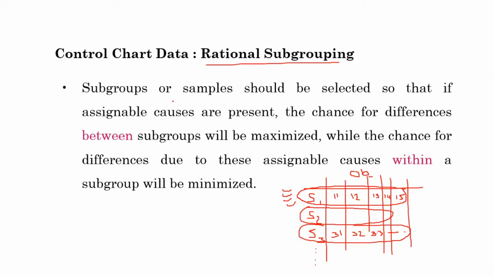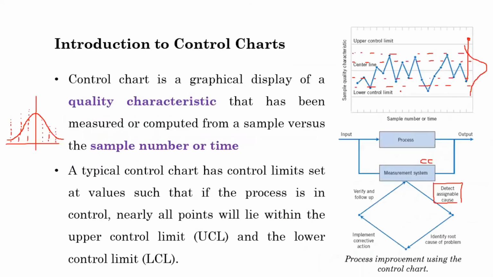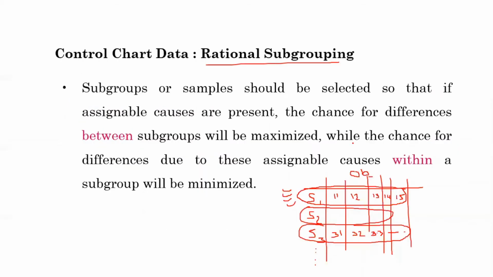So subgroups or samples should be selected so that if assignable causes are present, and this is our intention, we want to identify the assignable cause of variation. So if there is an assignable cause of variation, then the chance for difference between the subgroups would be maximized, so that we could identify the occurrence of this point, or this point, or this point, for each of the sample points.